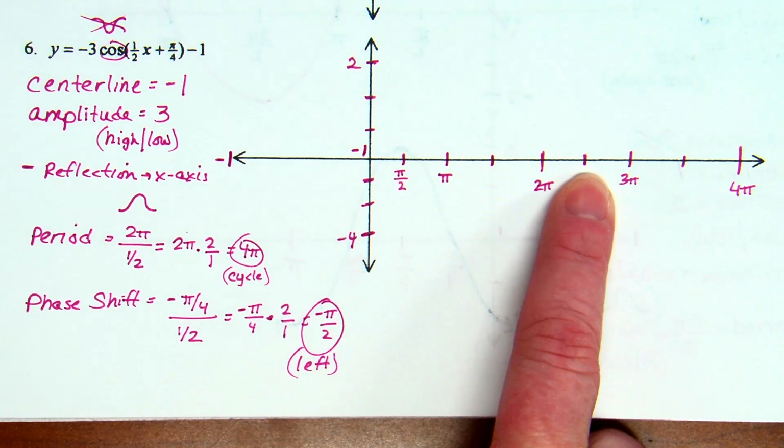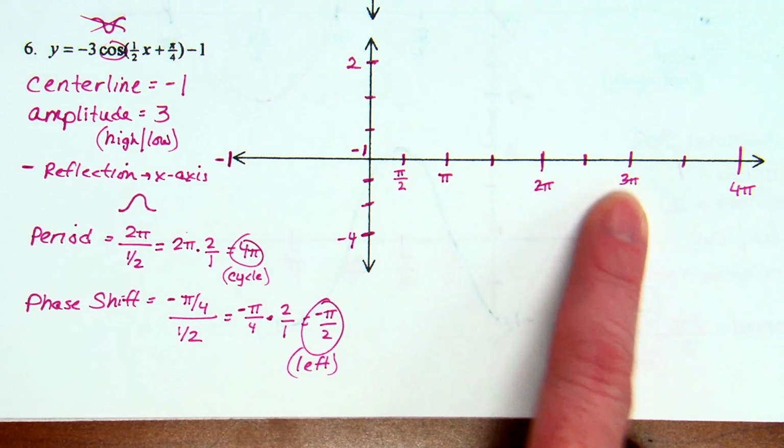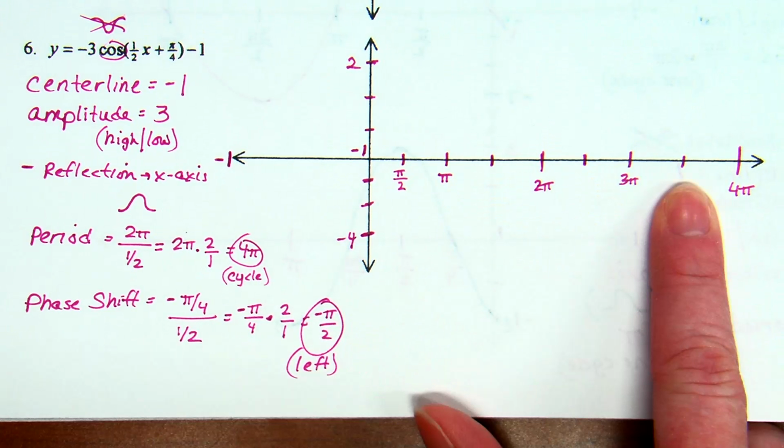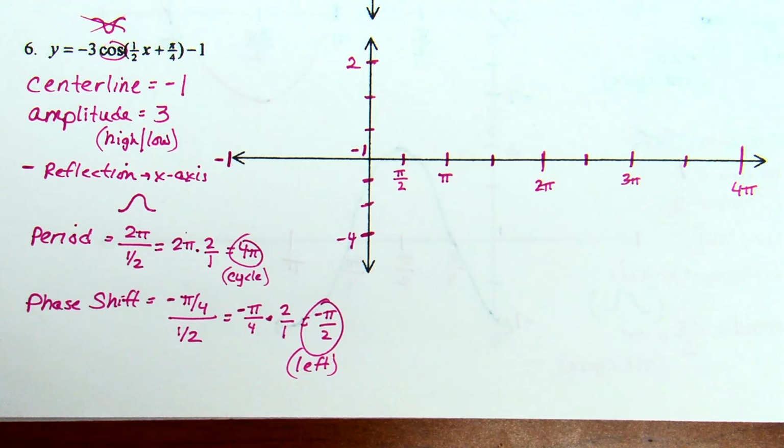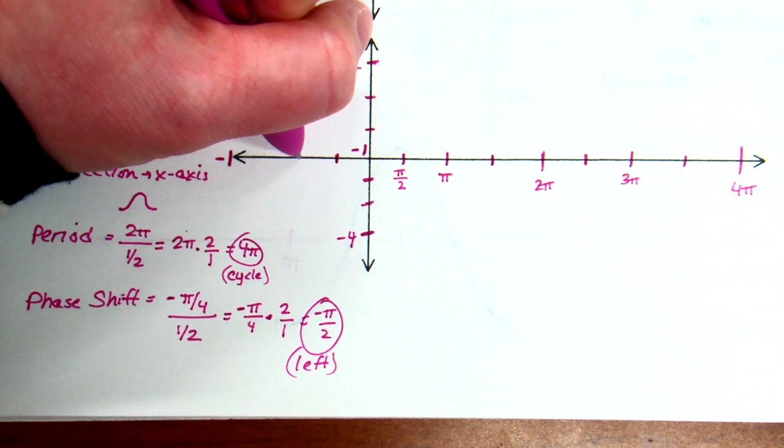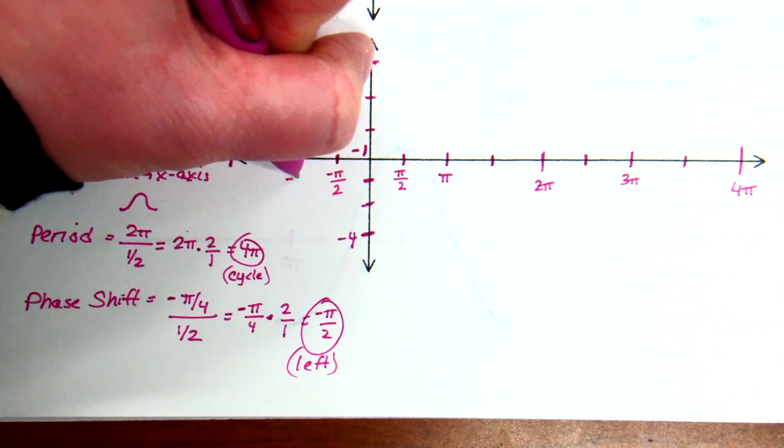7 pi over 2. Now, keep in mind we're going left. So what is the one other thing I need to add on? We're going to have at least one tick mark, and this is where I say make them equalish in size. I'm going to go ahead and put negative pi and negative pi over 2. Try and be equalish to what you already did on the other side. Again, I'm not getting the ruler out, I'm just eyeballing.